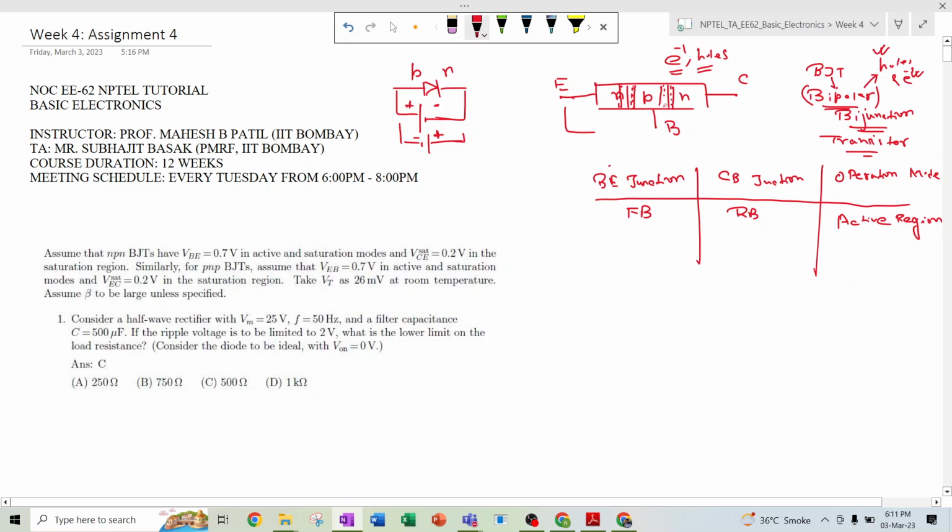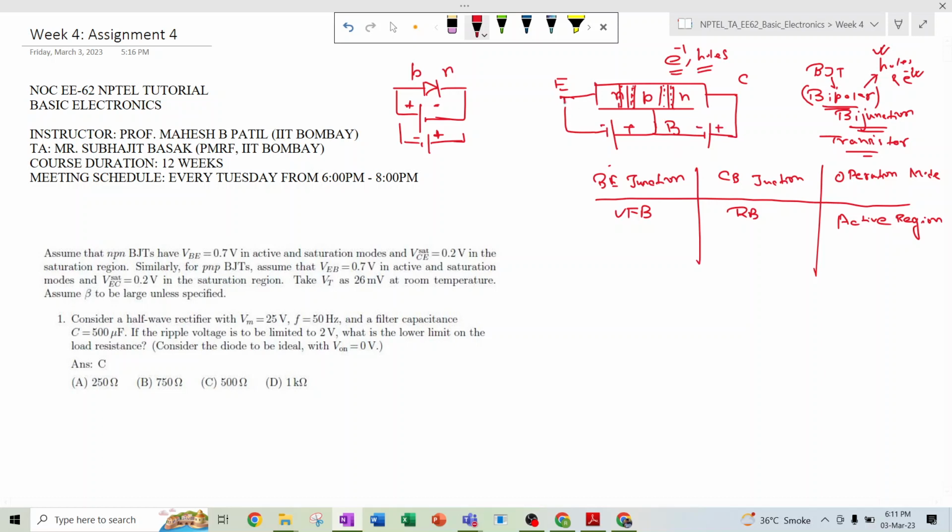So in case of NPN, if we connect the base emitter junction in forward bias, that means the negative terminal is connected to N and the positive terminal is connected to P. And here the base collector junction should be in reverse bias. That means P is connected to the negative terminal and N should be connected to the positive terminal of the potential, right?